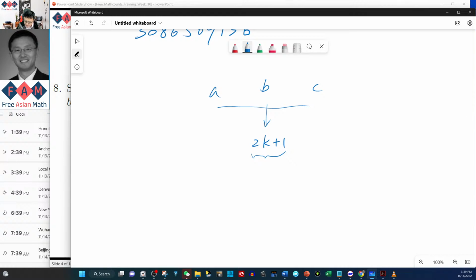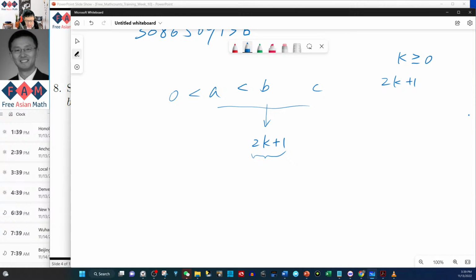So if k is at least 0, then 2k plus 1 is guaranteed to be a positive odd integer. Also here there's a little bit more, because B is greater than A, A also has to be a positive odd integer. So k actually needs to be a little bit bigger. But we don't really care about this.